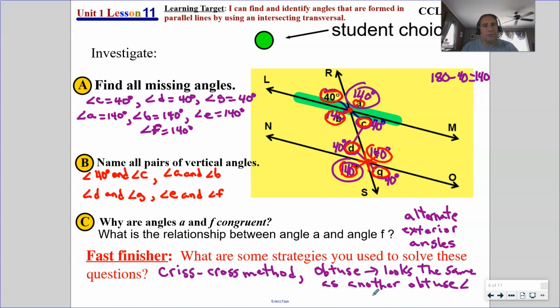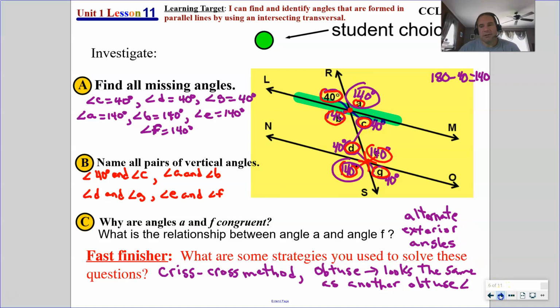All right, acute looks the same. The angles look the same. If they look the same, they are the same measure, right? So an acute angle is going to be equal to another acute angle, just like this 40 is equal to this 40.